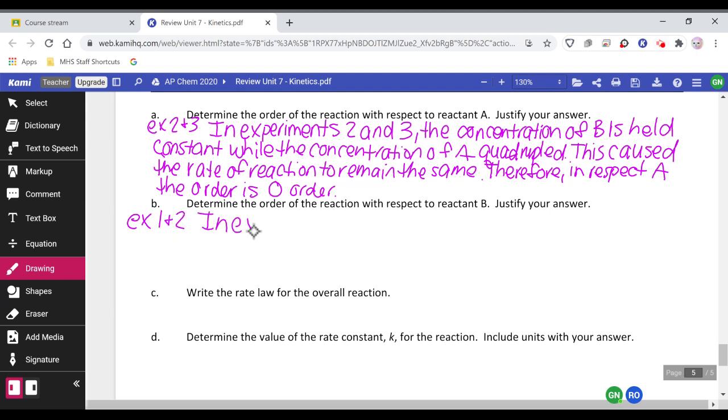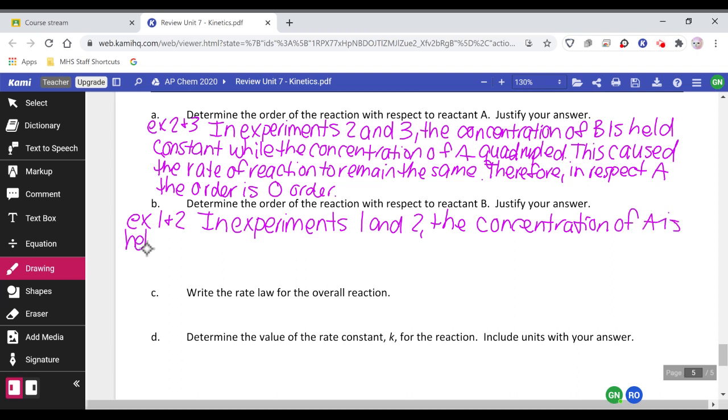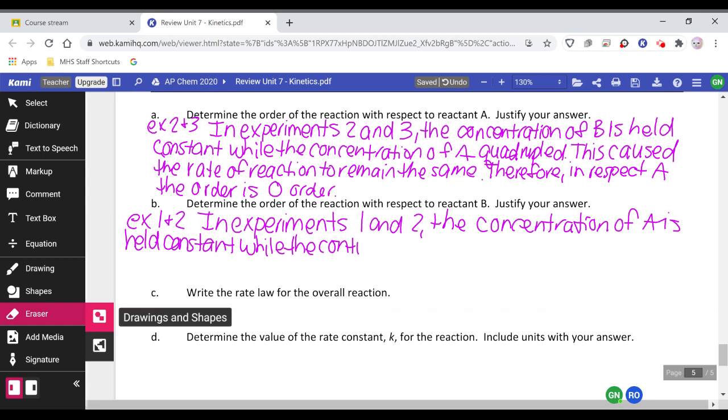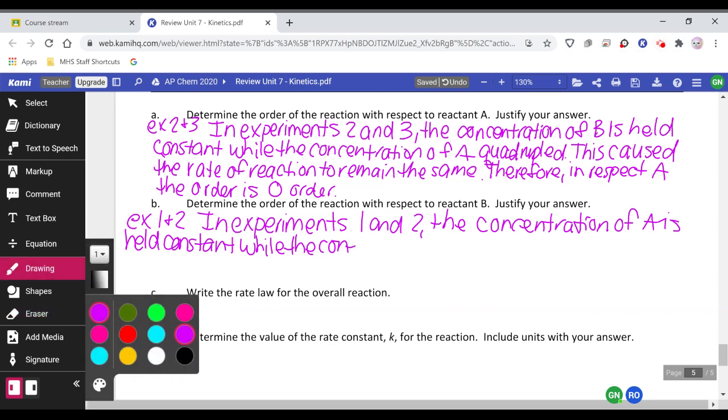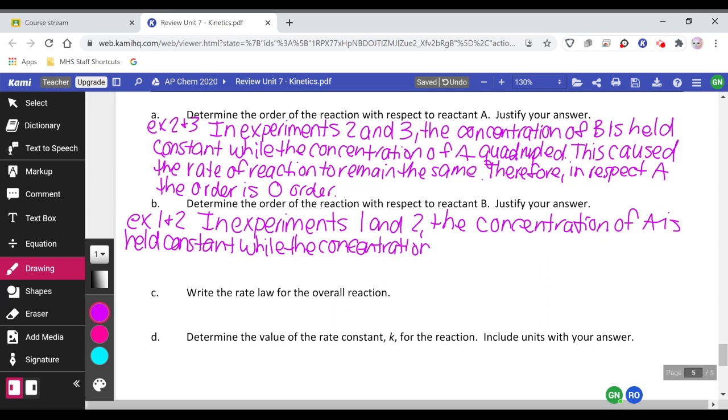Okay, so in experiments 1 and 2, the concentration of A was held constant, while the concentration of B, what did it do?